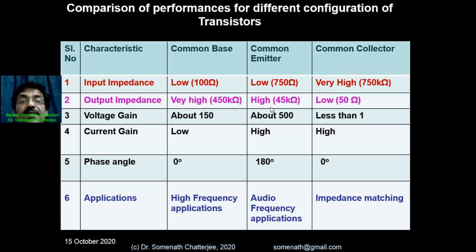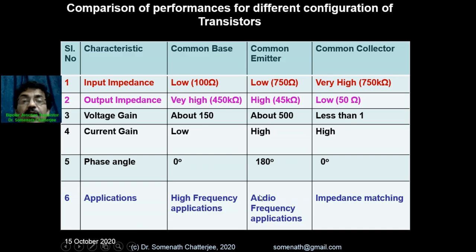And then the phase angle: for common emitter there will be a 180-degree phase difference.